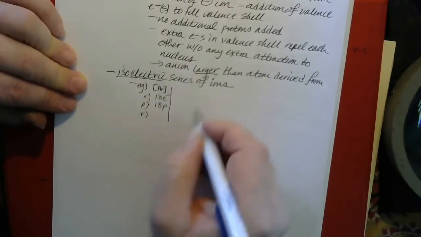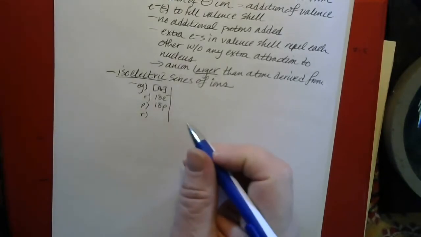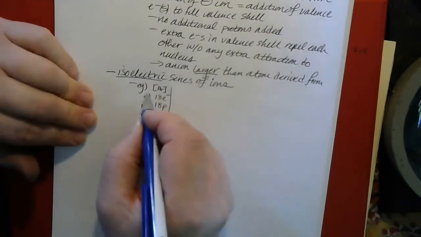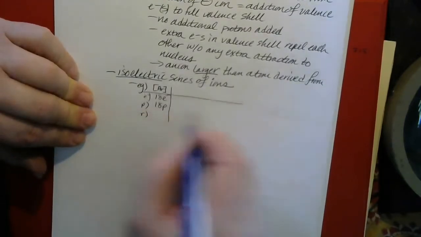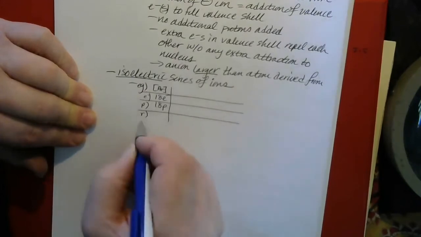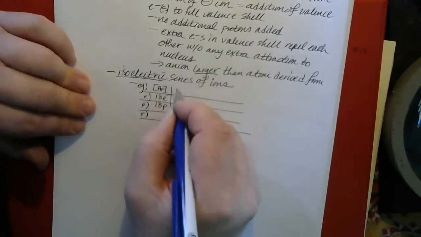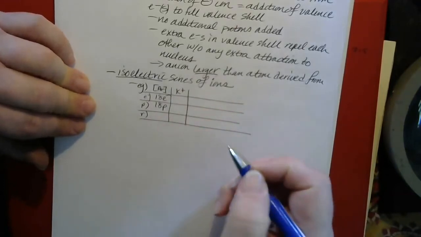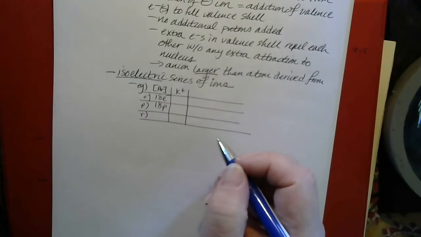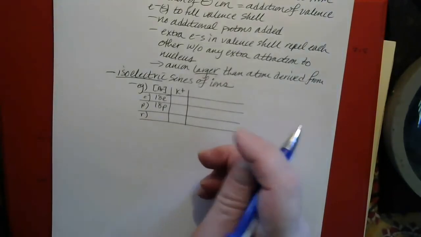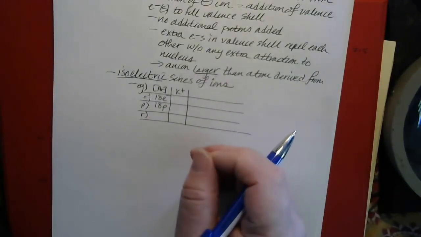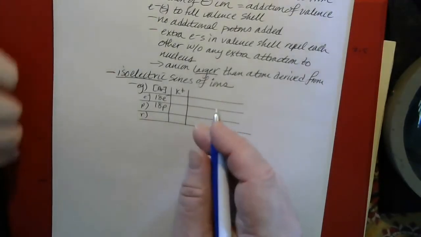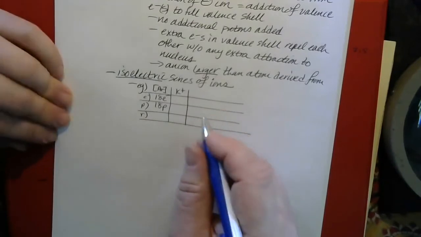Looking at some of the ions that have the same electron configuration as argon, we find potassium +1, because potassium is the first element past argon in the periodic table. When potassium loses its one valence electron, it ends up with the same electron configuration as argon.